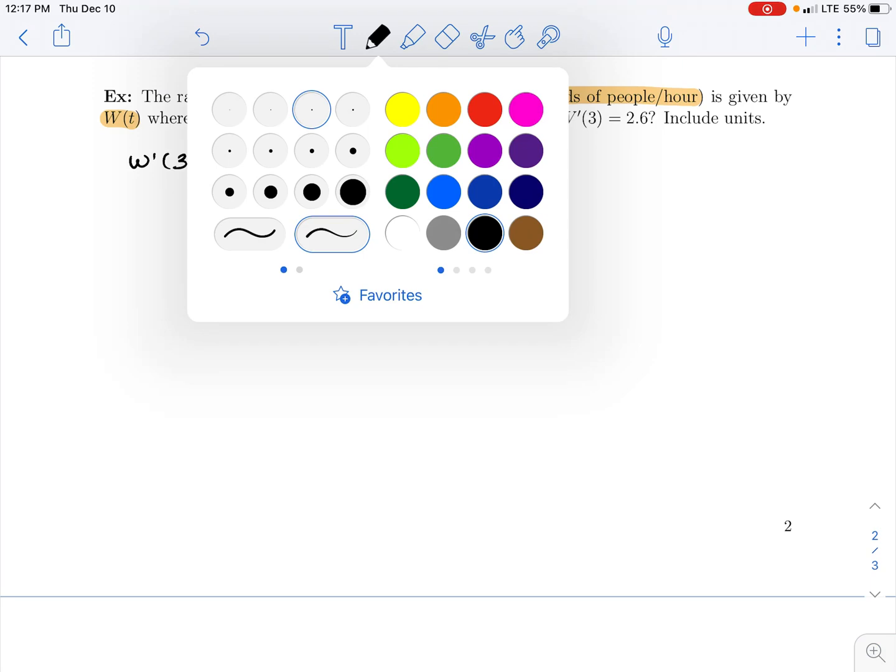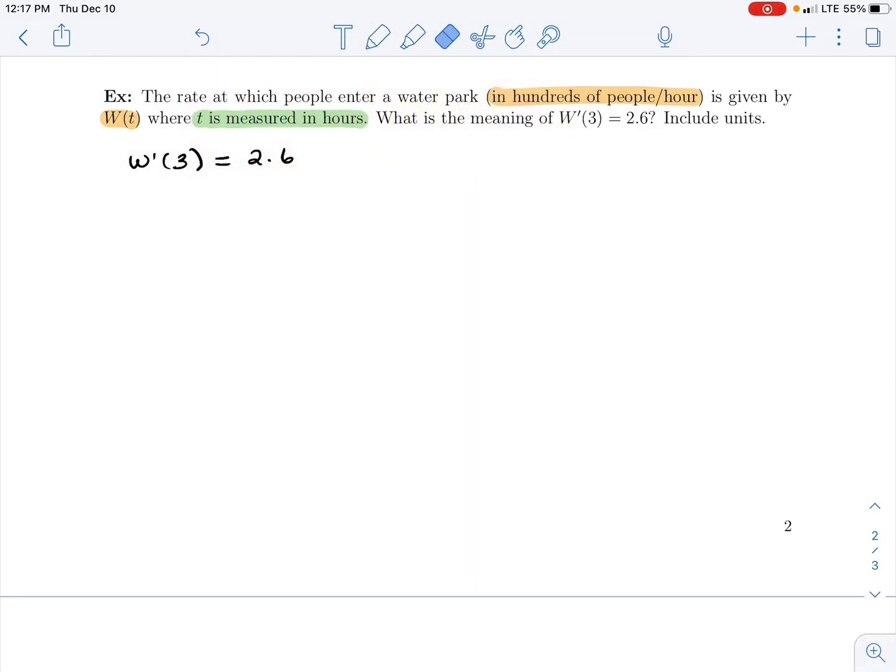Okay, and I'm going to do the same idea that I did before, because remember that the derivative at 3 is equal to the slope. Sorry, I jumped the gun here. Slope of the tangent line at t equals 3, which is equal to 2.6.